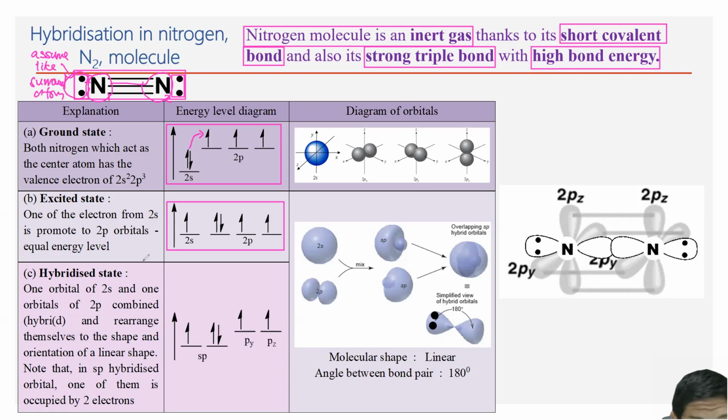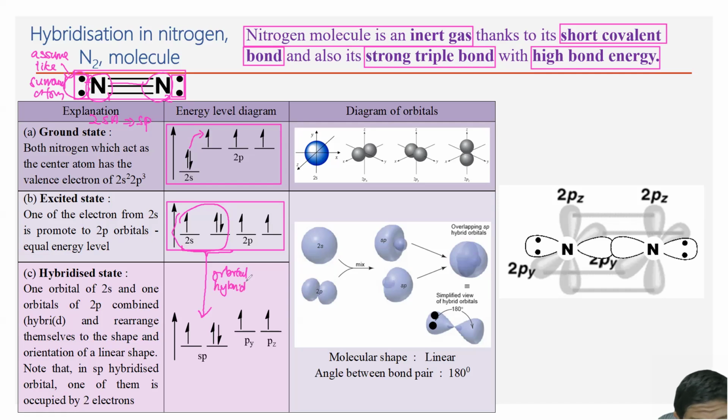So if you look carefully here, when it comes to hybridization, since it has two surround atoms, it will take the sp hybridization. When there's sp hybridization, it means that only one of the two s and one of the two p will undergo orbital hybridization here.